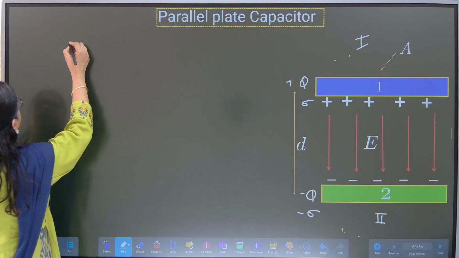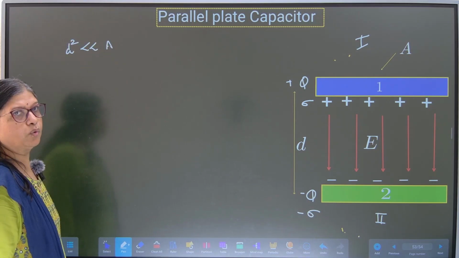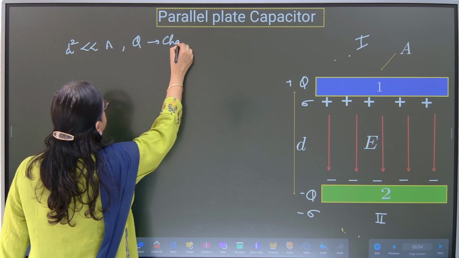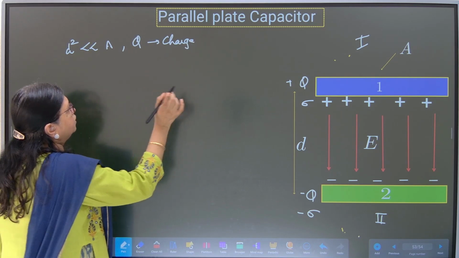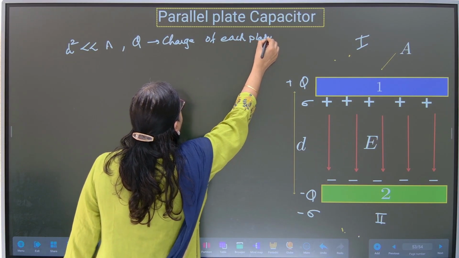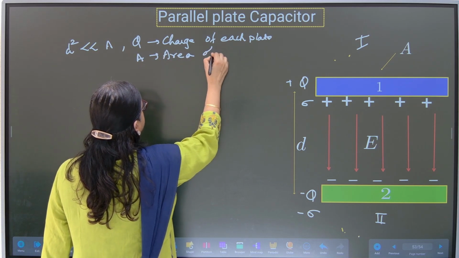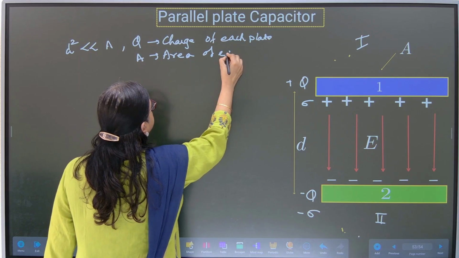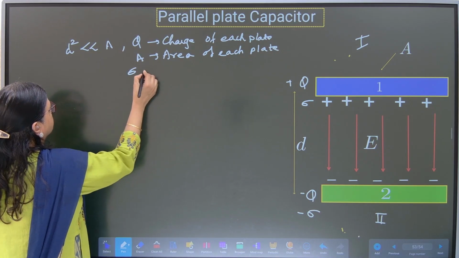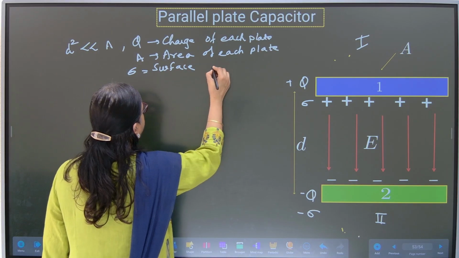Let us also consider a condition in which d squared is very much less than A. Q is the charge on each plate, A is the surface area of each plate, sigma is the surface charge density of each plate.